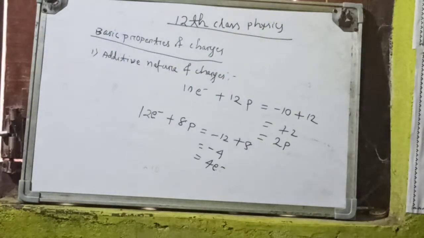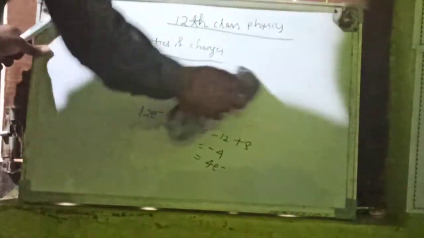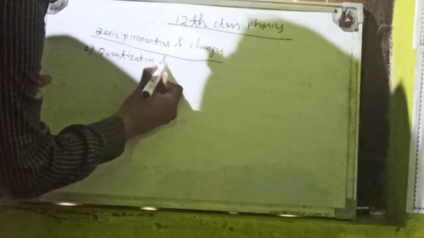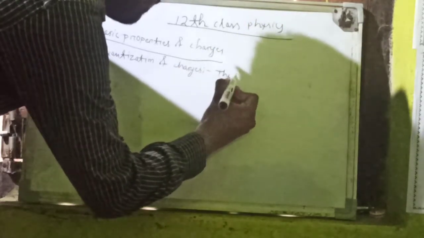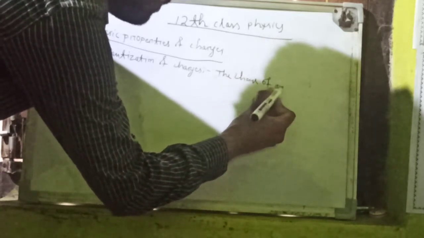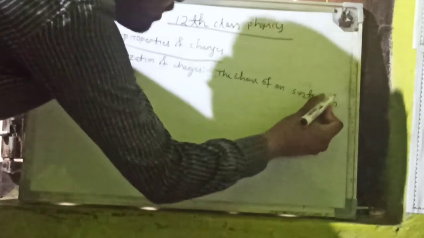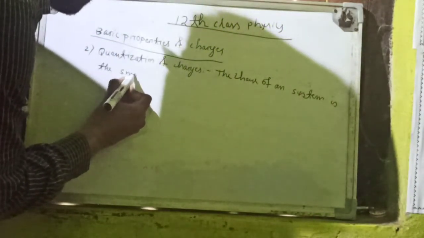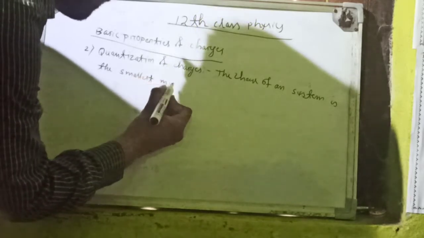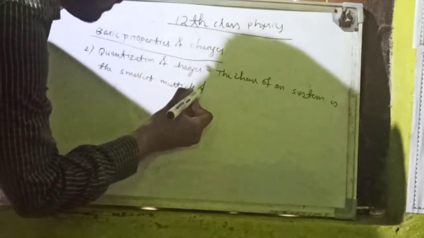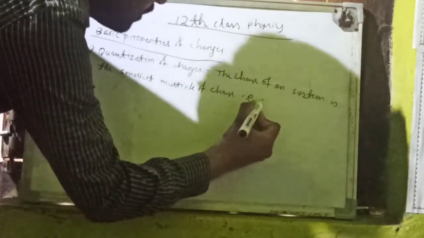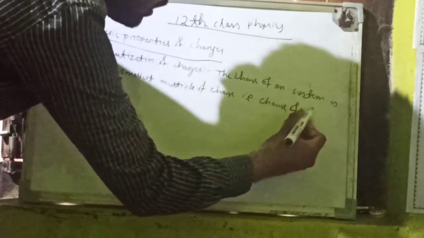The second property is quantization of charges. Quantization of charges tells that the charge of a system is the smallest possible multiple of the charge of the electron.